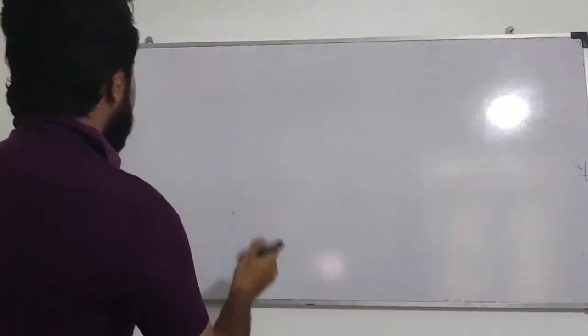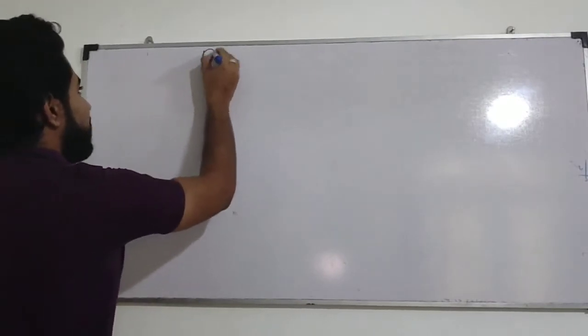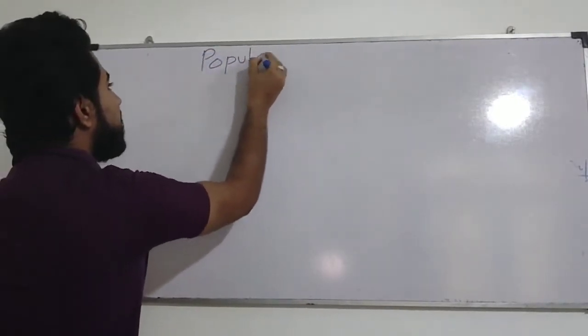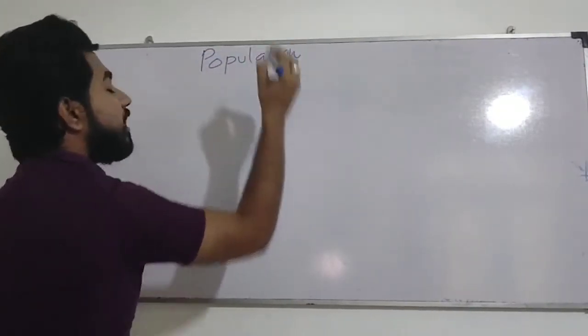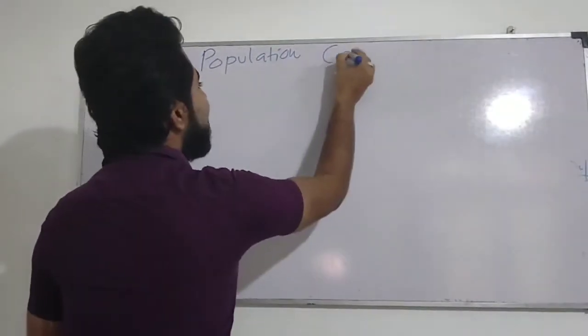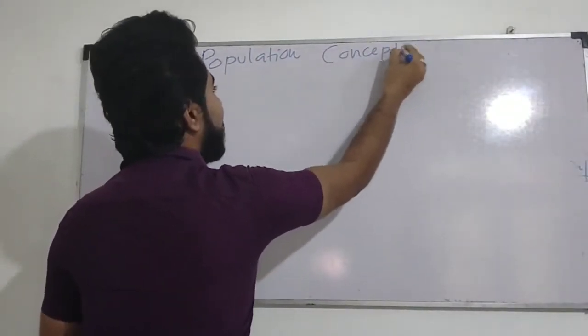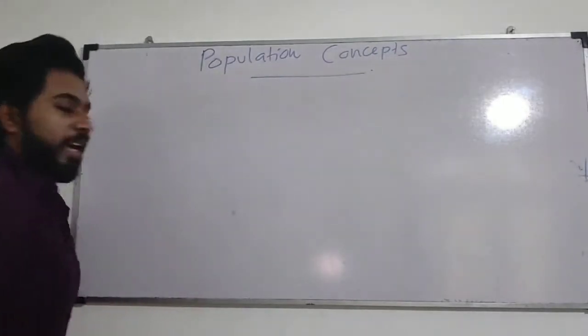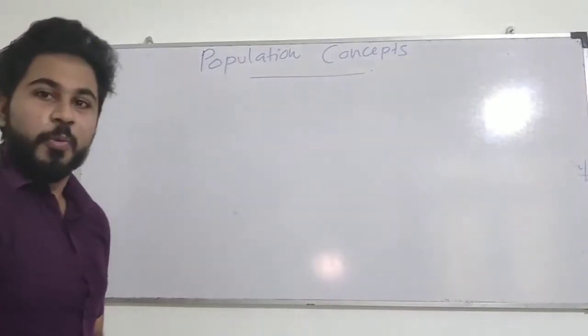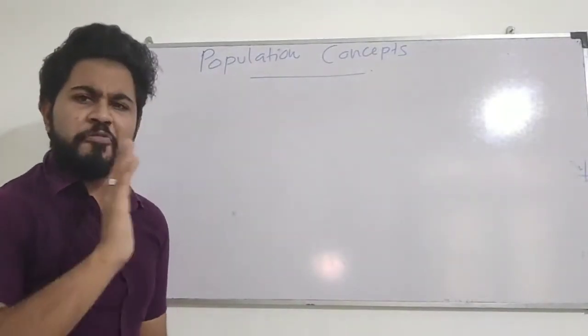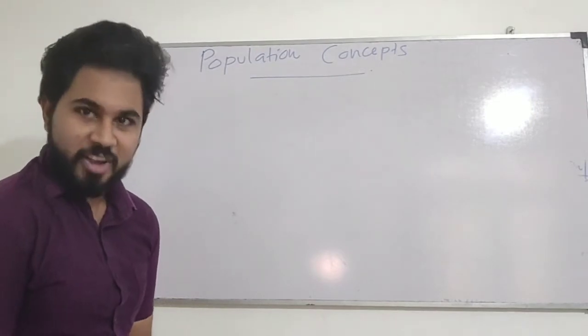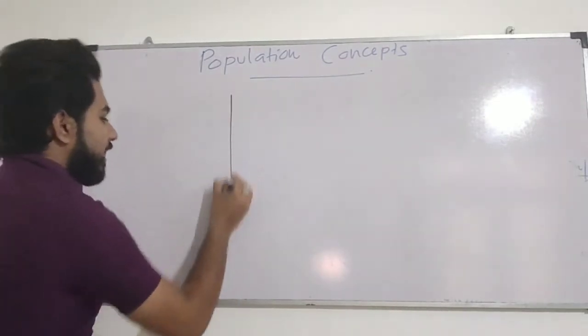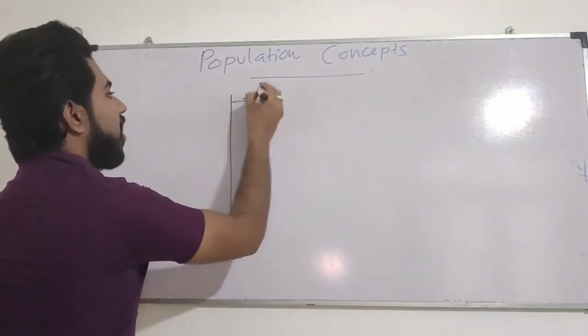So population concepts means basically population related rates. In this lesson, we are going to discuss 5 main population related concepts. So what are the 5 main population related concepts?